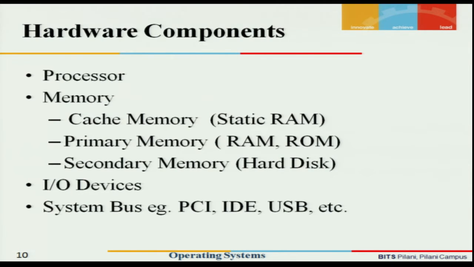Then you have memory. Any computing system you would have heard contains a certain amount of memory. Most of the time, if you look at the specification of a computer, you would find that it says the machine has 4 GB RAM. So what are we essentially talking about? We are talking about primary memory, which is dynamic RAM, which is 4 GB.